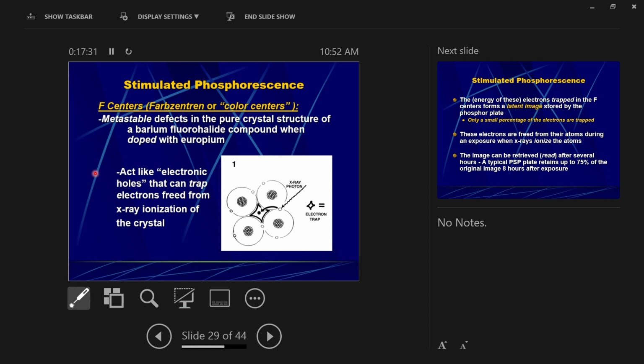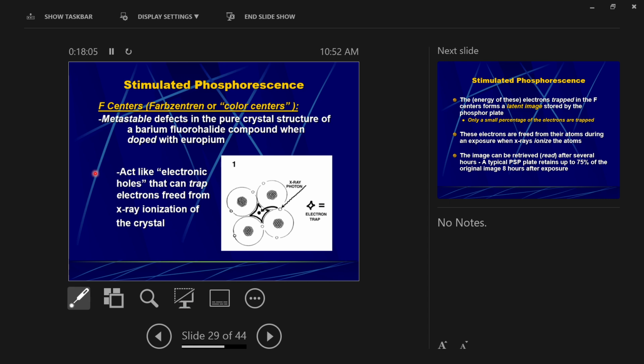The material, barium fluorohalide, has a property to where the atoms, the way they join up, the way they're linked together, so this is down at the chemistry level, there are what are called metastable defects in the crystal structure of the barium fluorohalide. Barium fluorohalide with europium to be specific.